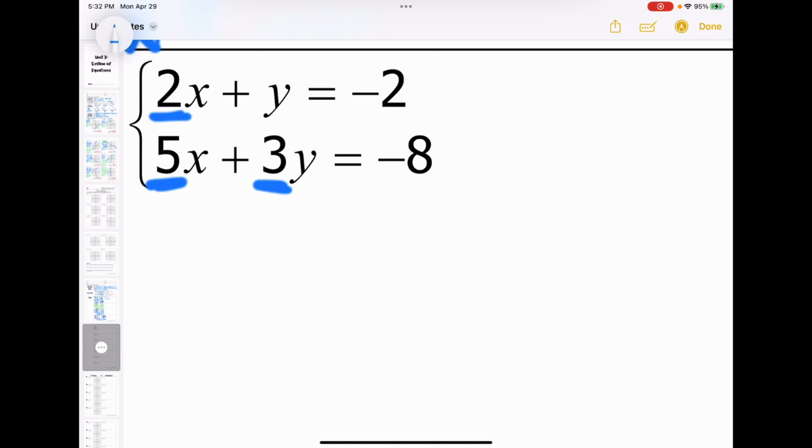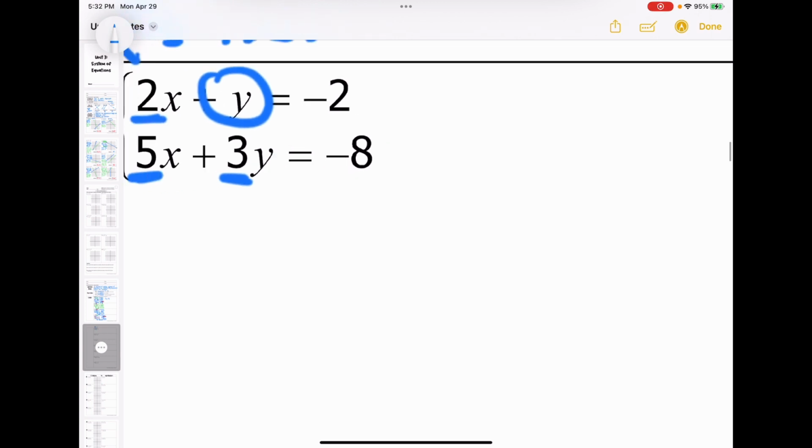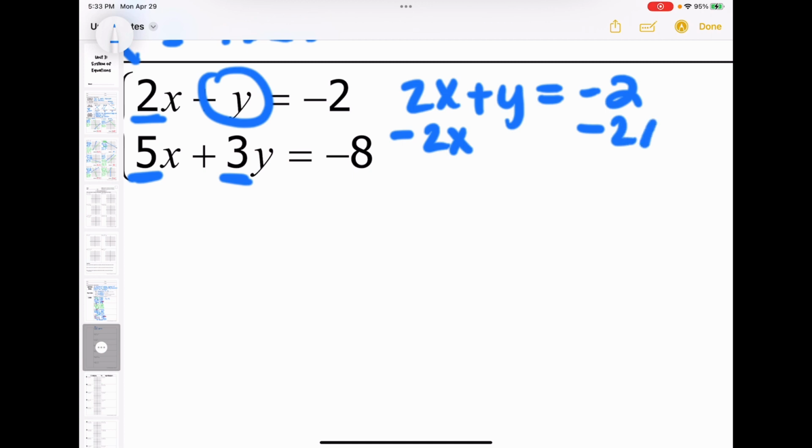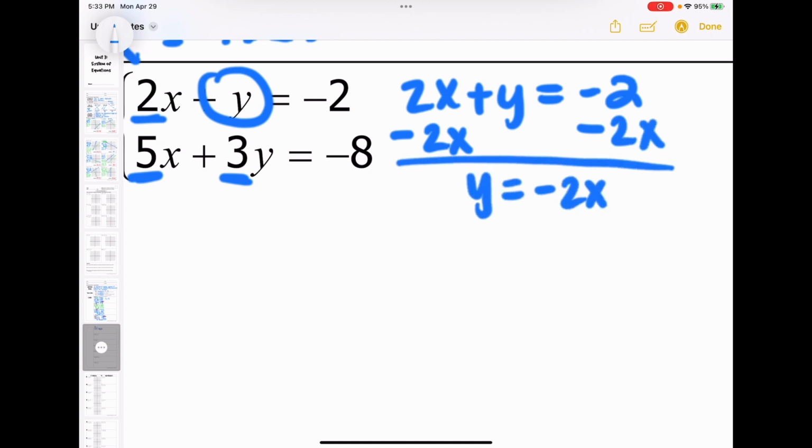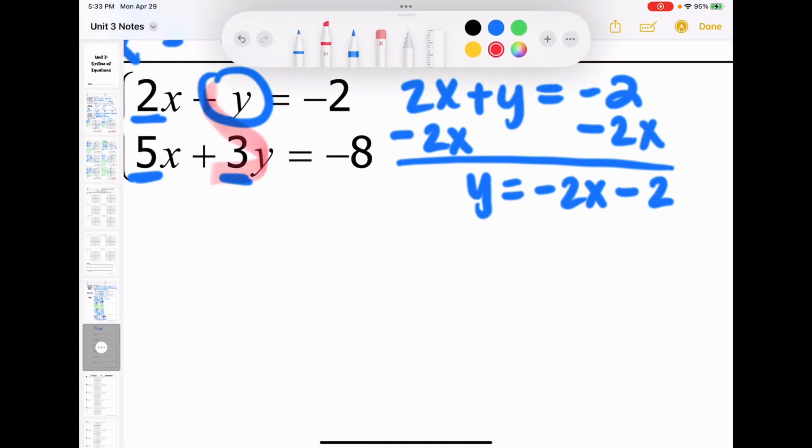So since this y doesn't have a visible number beside it, I'm going to take that equation and I'm going to solve it for y. So to do that, you have to get y by itself. So I'm going to subtract 2x from both sides, and I get y equals -2x minus 2. So now I have an equation that's solved for y, so I can move on to step 2.